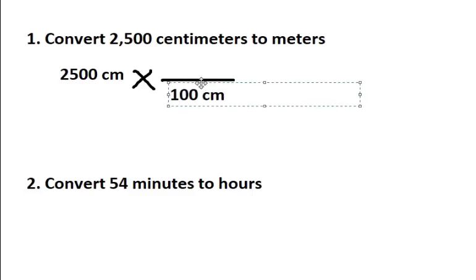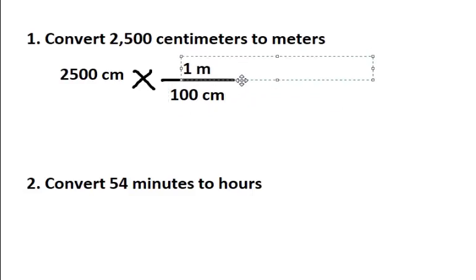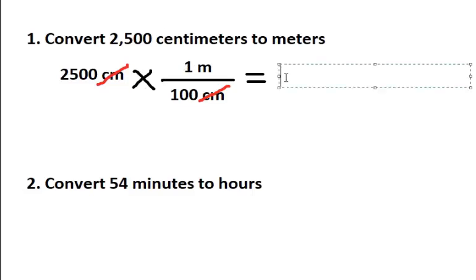I'm gonna have to put them down in order to cancel, and that means I'm gonna put 1 meter up in order to use the entire identity. That way I'm gonna cancel centimeters and I will find the answer of the exercise. So I multiply times 1 and I divide by 100, and that will give me the answer of the exercise. The answer of the exercise will be 25 meters.